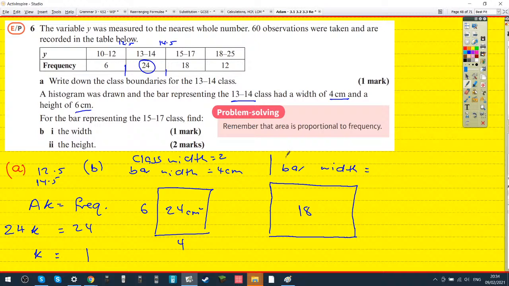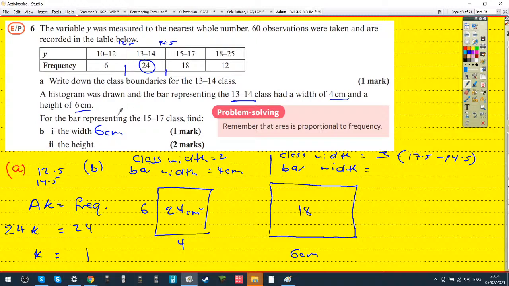Oh, yeah. Which is 3. So the class width is 3. And so the bar width? Bar width is double that. Yep. 6. So that should be 6 centimeters.